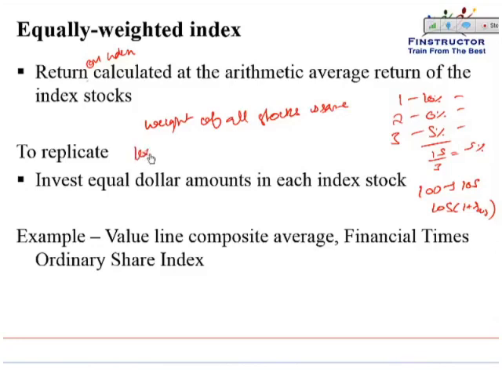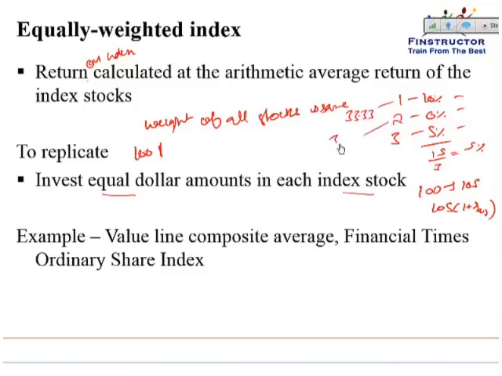If you have $100 to begin with and you want to replicate the performance of an equally weighted index, then you should simply invest equal dollar amounts in each index stock. So in stock 1, invest $33.33.